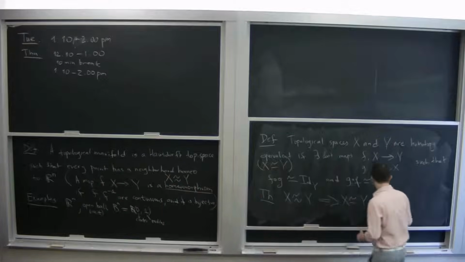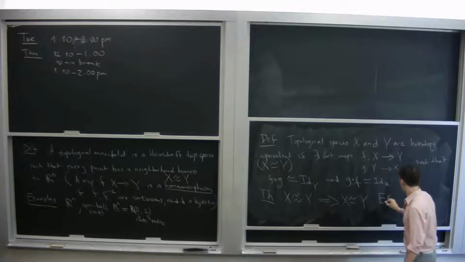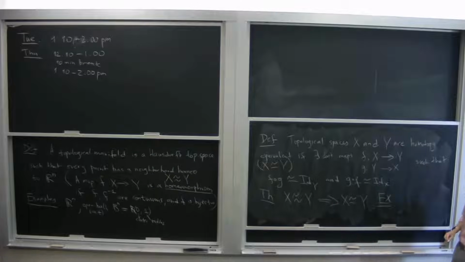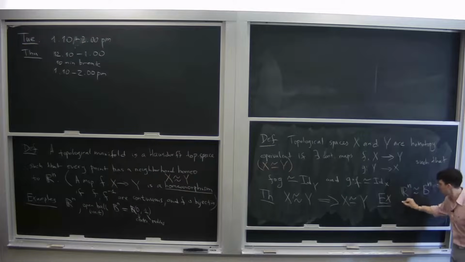An example: R^n is homeomorphic to an open ball, and R^n is homotopy equivalent to the point.